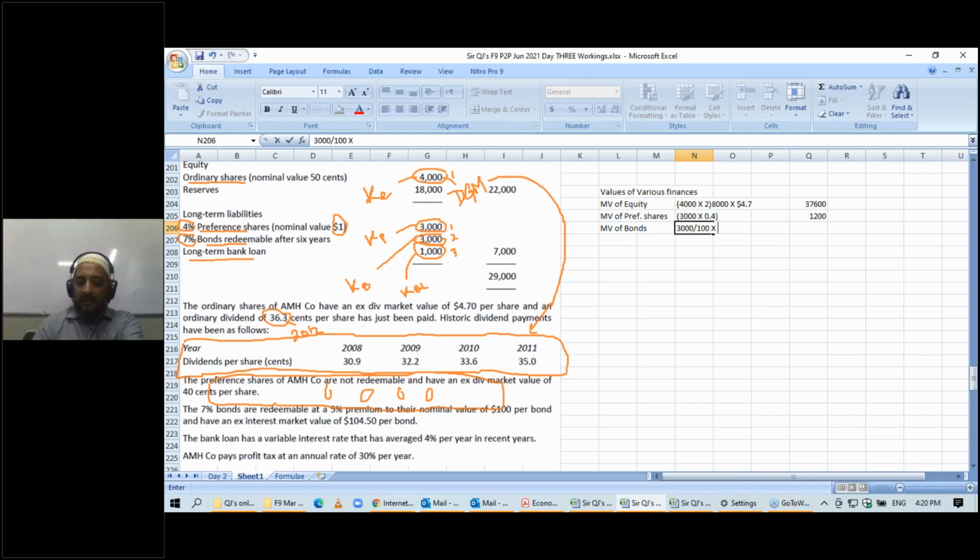Multiply the number of bonds by the market price. Each bond's market price is given in the question, and that is $104.5. So this is 3,135.